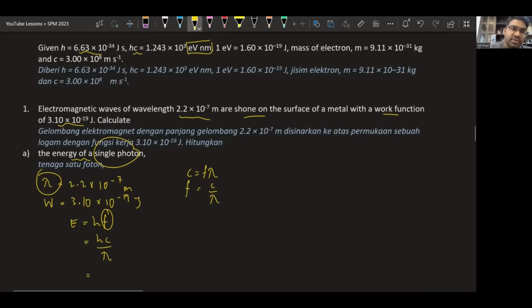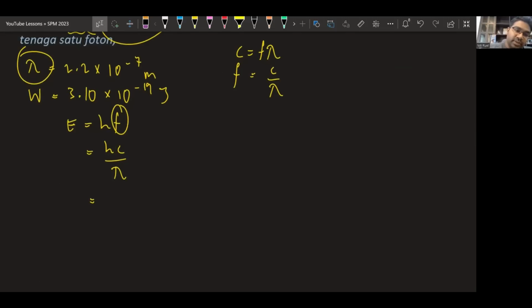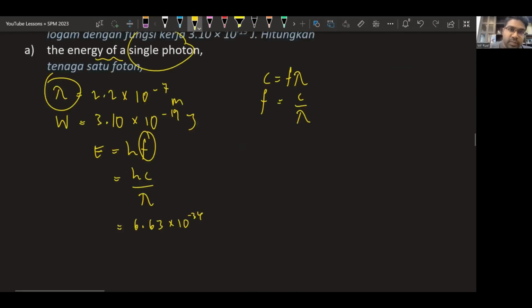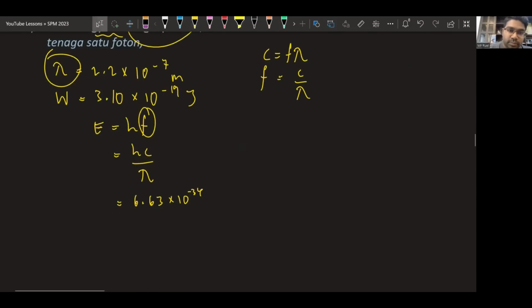So 6.63 times 10 to the power negative 34 joules second, Planck's constant, multiplied by c, 3.00 times 10 to the power 8, divided by lambda.